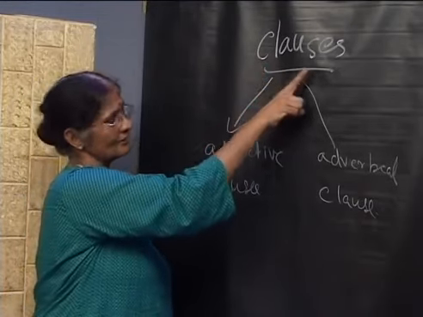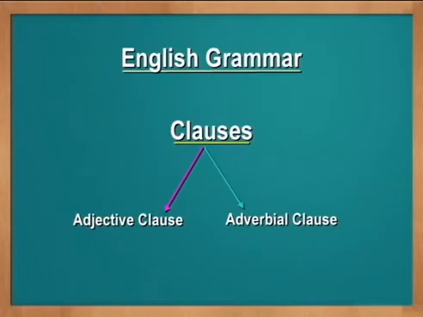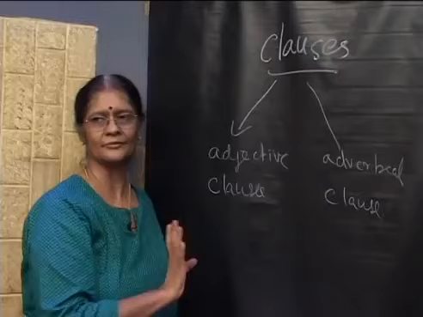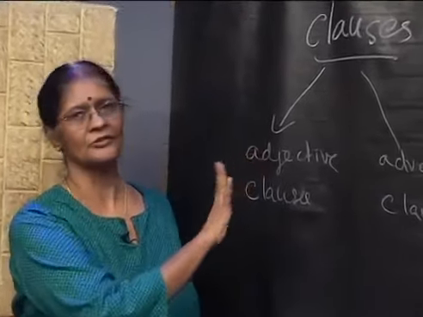We can put clauses like this. There are two main types of clauses, adjective clause and adverbial clause. An adjective clause gives more information about the nouns, and an adverbial clause gives more information about the verbs in a sentence. So, with that we are concluding the topic of clauses.